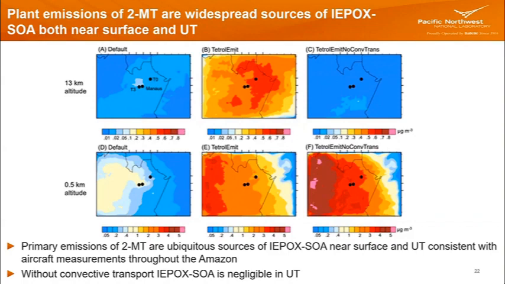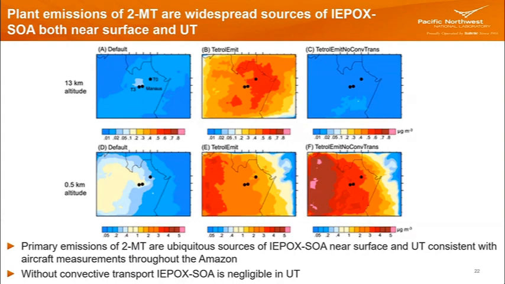You have the plumes from Manaus going in, because that's where in the plumes you have more sulfate and liquid water. So you will make more IPOX SOA over the plumes. But the reality was, when the aircraft is measuring IPOX SOA, it's flying all over near the surface and upper troposphere, and everywhere it flies, it sees almost uniform concentrations of IPOX SOA or higher.